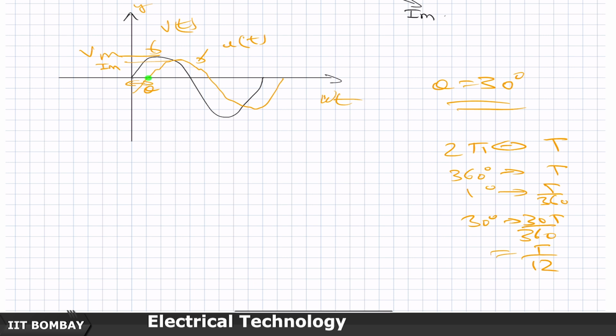The corresponding rising edge of the zero crossing of the current waveform is delayed by T by 12 seconds with respect to the rising of the current. And so the going down zero is also delayed in the same way. The rising peak is also delayed in the same way, and the reducing other way around is also delayed in the same way.